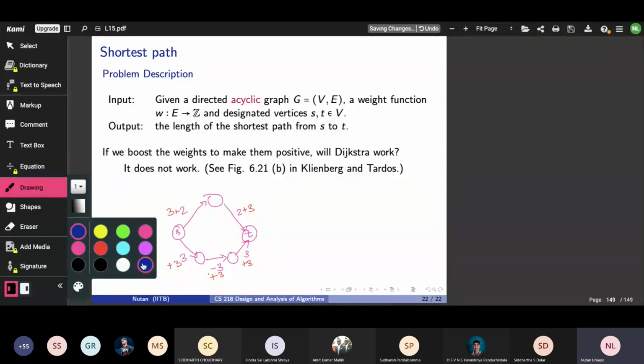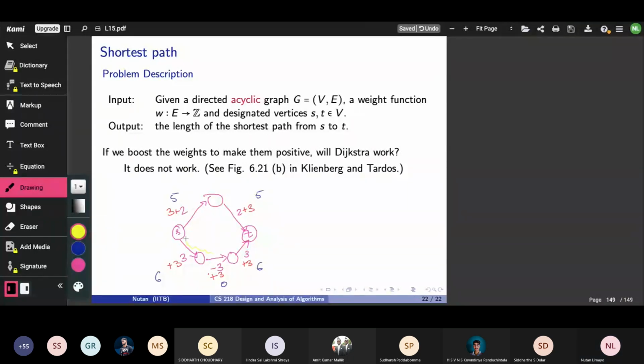And now the overall weights have become like this. Originally in the graph, the smallest weight path was this one, because its weight was 3 plus minus 3 plus 3, which was overall 3. Whereas the weight of this one was 4.